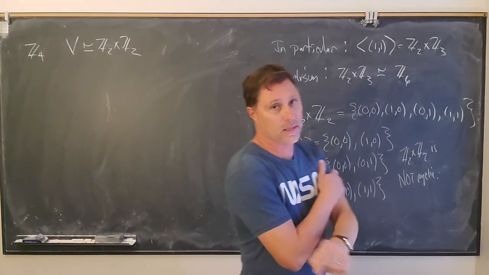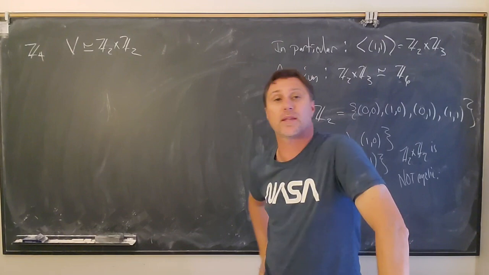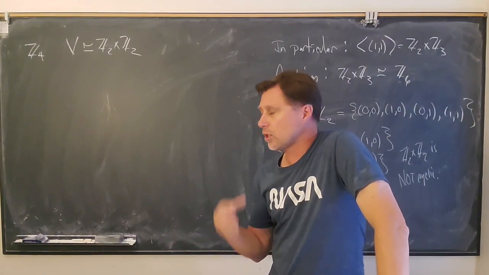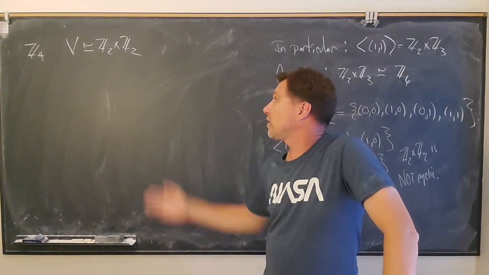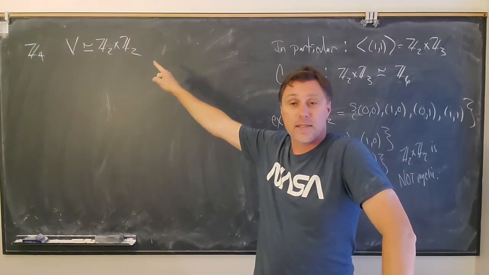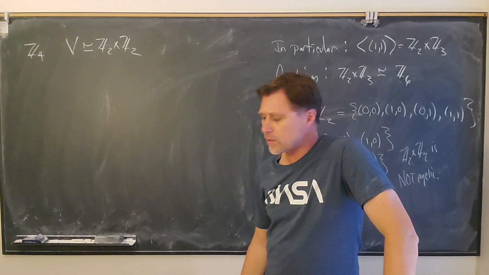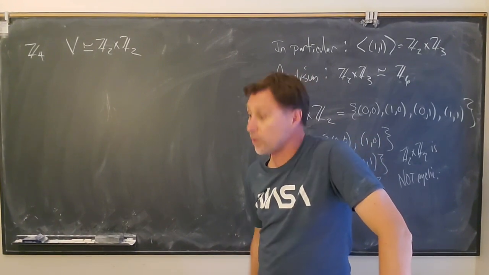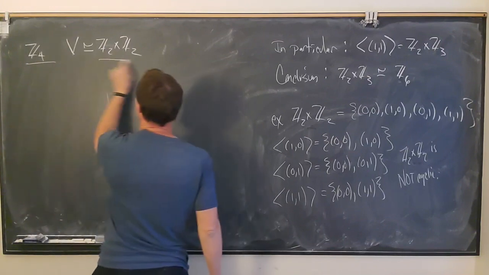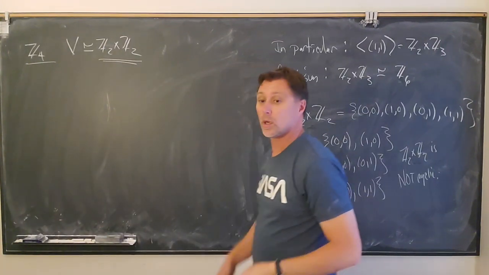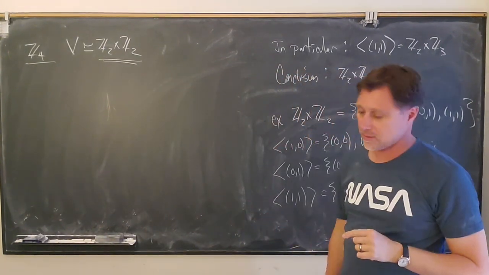And that's kind of nice, because up until this point, when we talked about the Klein 4 group, we had to think of it in terms of its Cayley table, which is kind of a pain. Now we have a nice way to think of the Klein 4 group. It is Z2 cross Z2. And so typically when we talk about the groups of order 4, it's Z4, the cyclic one, and Z2 cross Z2, the Klein 4 group, which is the non-cyclic one.